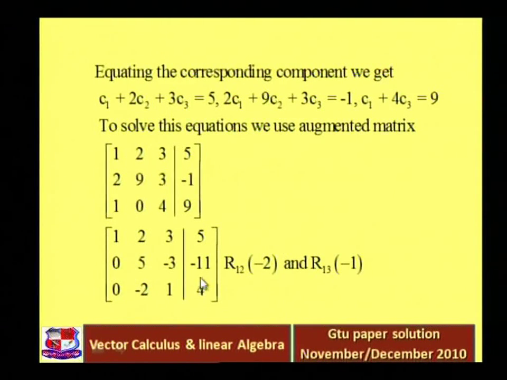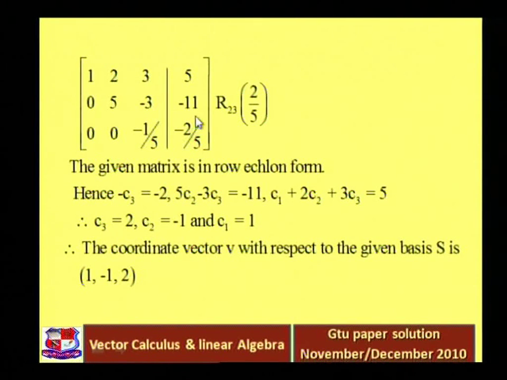And then when you multiply second row with 2 by 5 with minus 11, you will get minus 22 by 5, and 4 minus 22 by 5. When you take LCM, you will get 20 minus 22 by 5, so you will get minus 2 by 5 here.